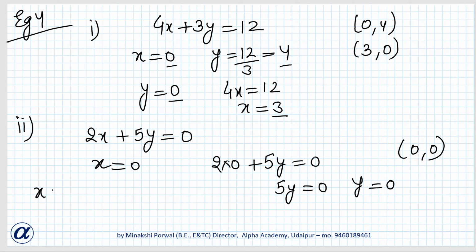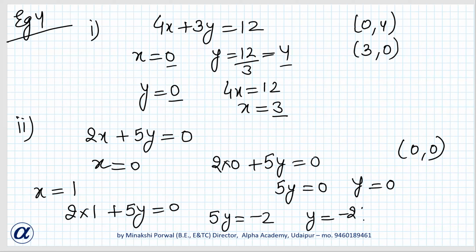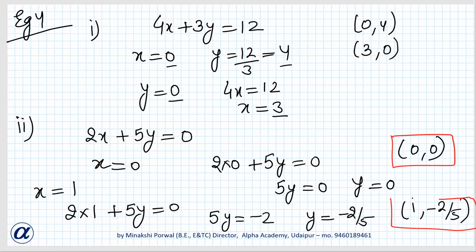Next, suppose x equals to 1. So 2 into 1 plus 5y equals to 0. So 5y equals to minus 2 or y equals to minus 2 by 5. So this will be 1, minus 2 by 5. So these are the solutions.